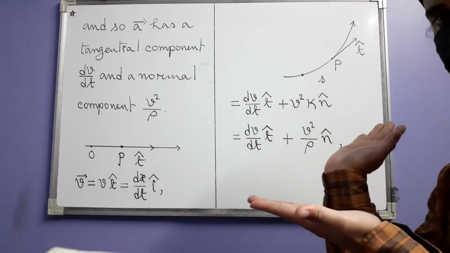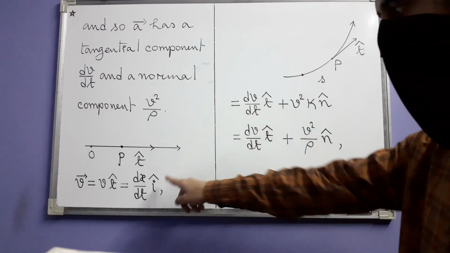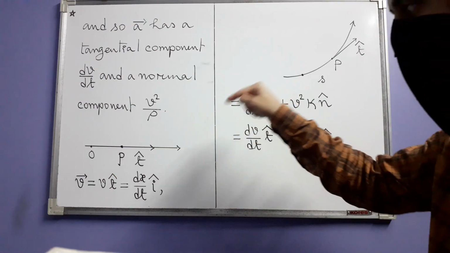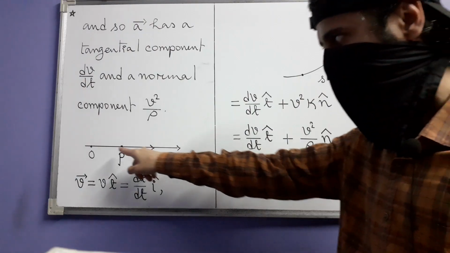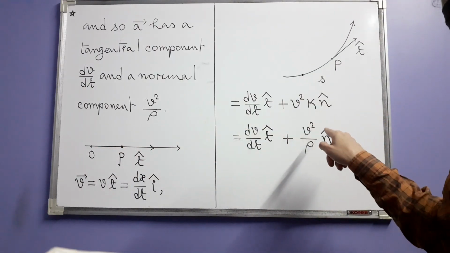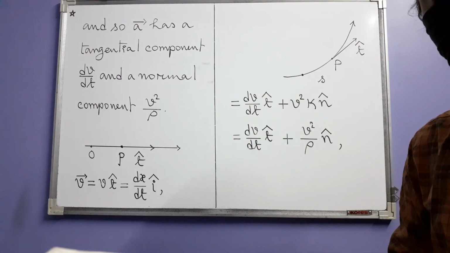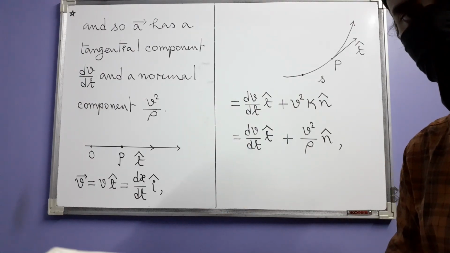Sometimes it will be like this. Okay, so that will change. I hat, however, is always pointing in this direction. So in this specific case where we have assumed that the particle is moving rightward, this t hat coincides with I hat. And what about acceleration?